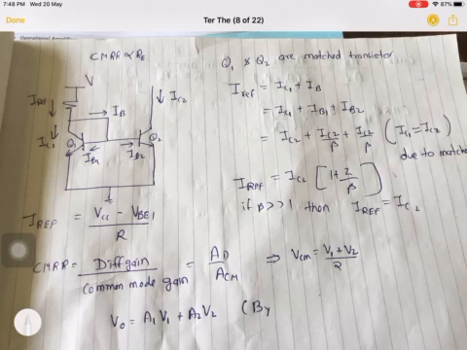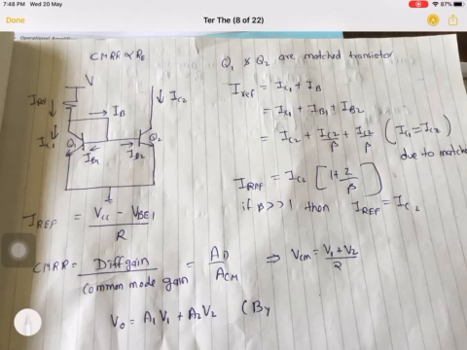If I am increasing RE, that means the bias current will decrease, because IC or IE was inversely proportional to RE. So my bias current will decrease, which I cannot allow. So I have a situation where I need a constant bias current, and if possible, infinite or very high resistance.